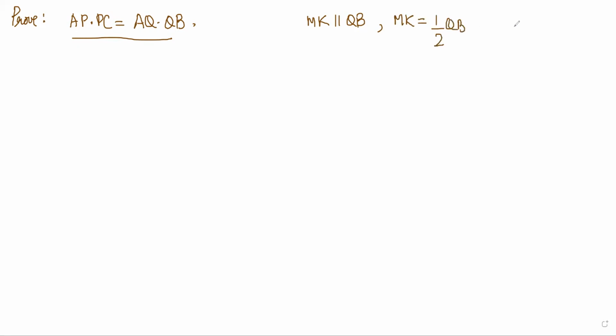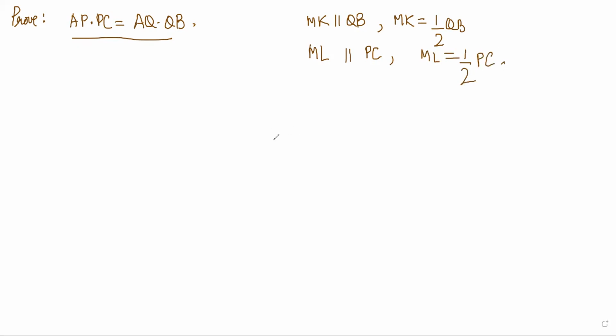we need to prove AP into PC is equal to AQ into QB, right? And we have already established that MK is parallel to QB and MK is equal to half of QB, and we also have ML is parallel to PC, and ML is equal to half of PC, right?